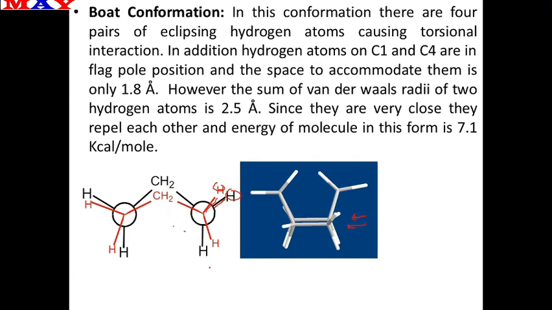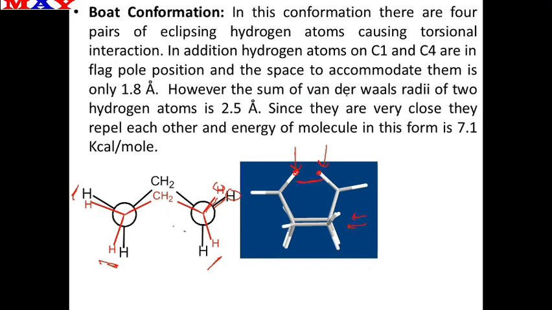There are four pairs of torsional interaction in this form. In addition, these two hydrogens are very close to each other, and the space to accommodate them is only 1.8 angstrom. So the available space is 1.8 angstrom.